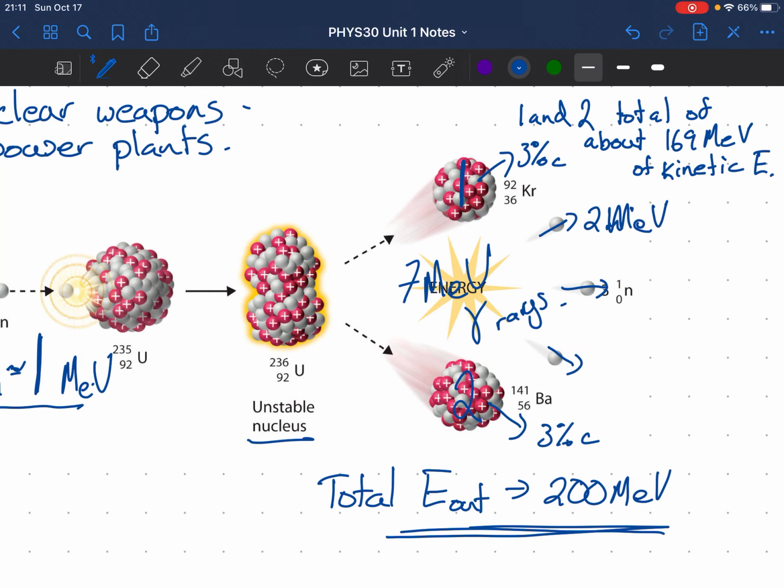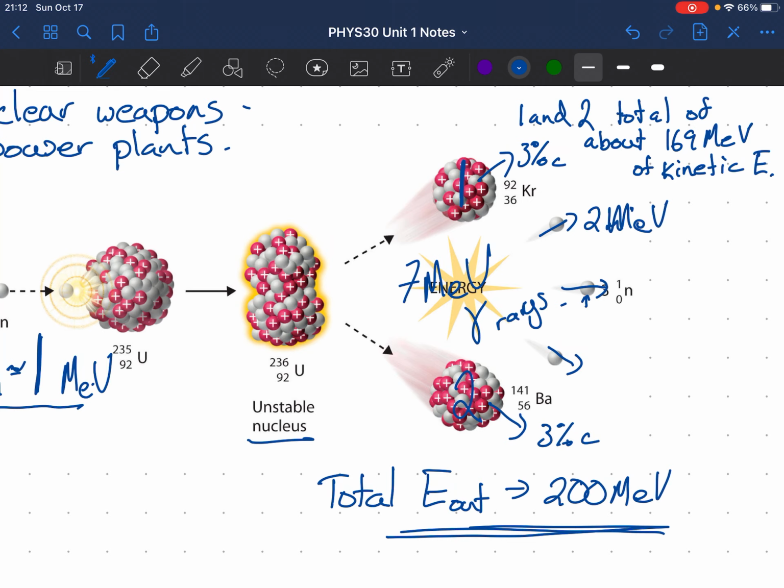Now, I don't know if that adds up. It doesn't quite add up. I'm not sure where the rest goes. So the rest goes out as more kinetic energy of fission fragments.